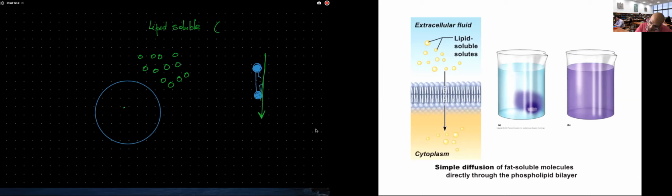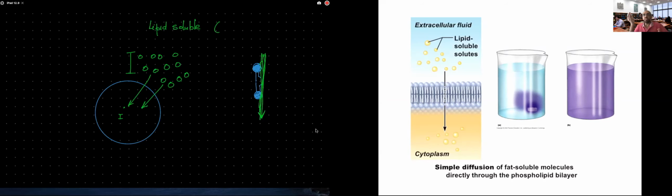I am lipid soluble and the structure of the membrane is lipid. So I can simply pass through the lipid membrane. I can simply pass from high concentration to low concentration. So those pesticides would pass freely to the inside of the cell until when?